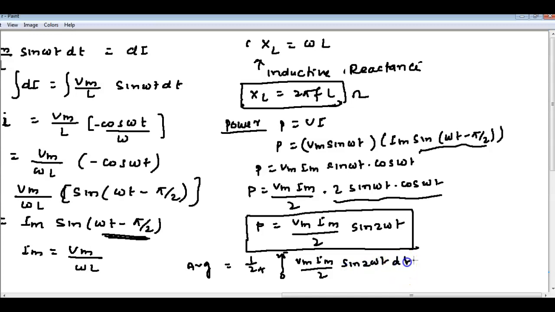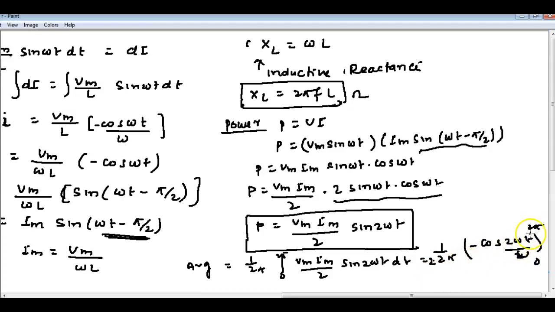So 1 by 2 pi, and the 2 is outside, so it will become 4 pi, and the integration of sine 2 omega t is minus cos of 2 omega t upon omega.